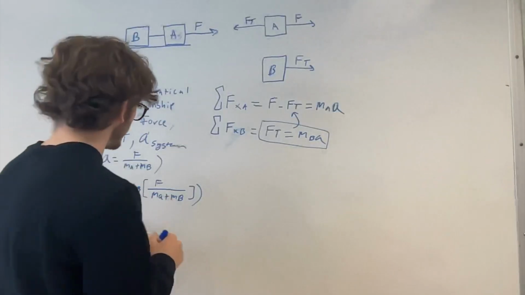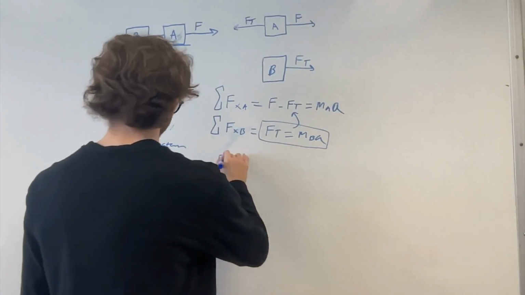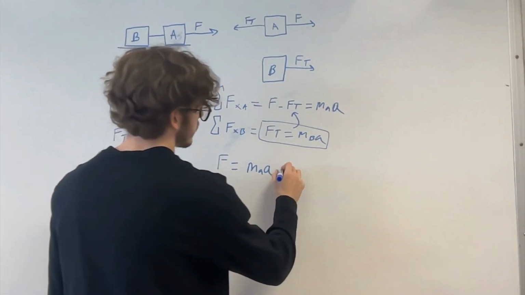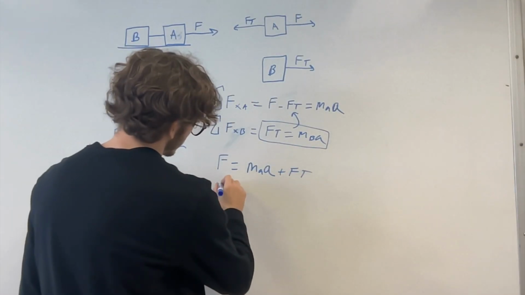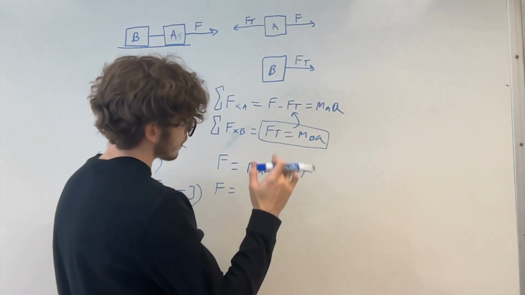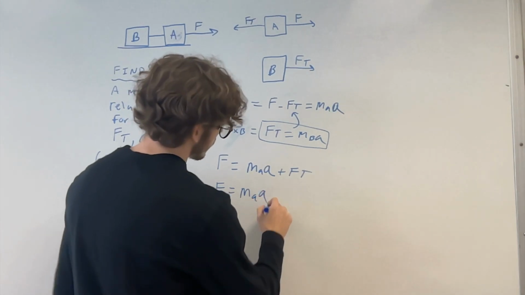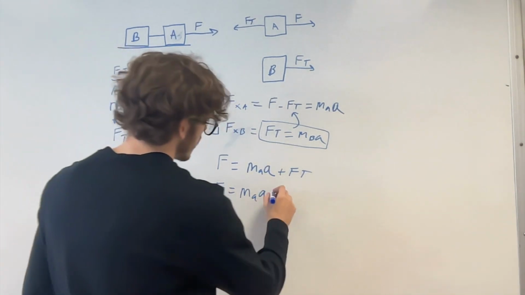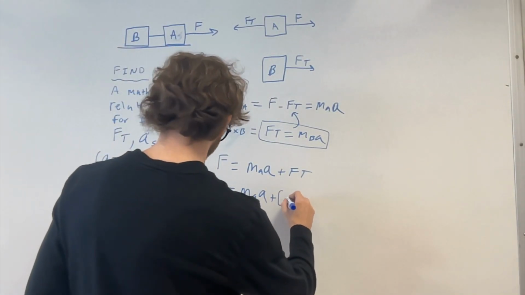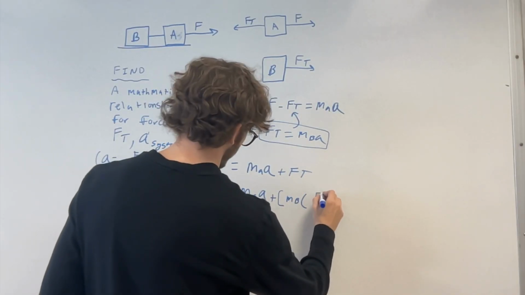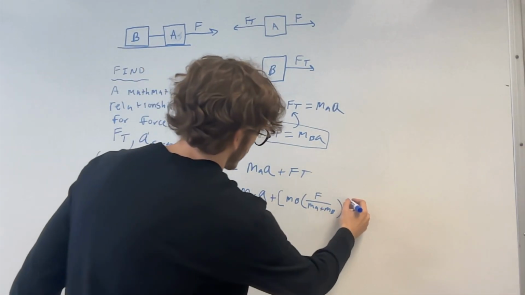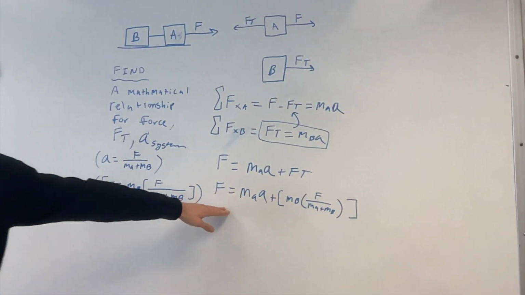Now we just need to find the force, and we can do this if we have all these terms. Force is equal to mass of A times its acceleration plus the force of tension. Let's do a substitution, using the idea of acceleration to find force. We have the mathematical relationship of the mass of the body times acceleration plus the force of tension, which we found to be mass of B times force over mass A plus mass B. So the overall force is equal to all of that.